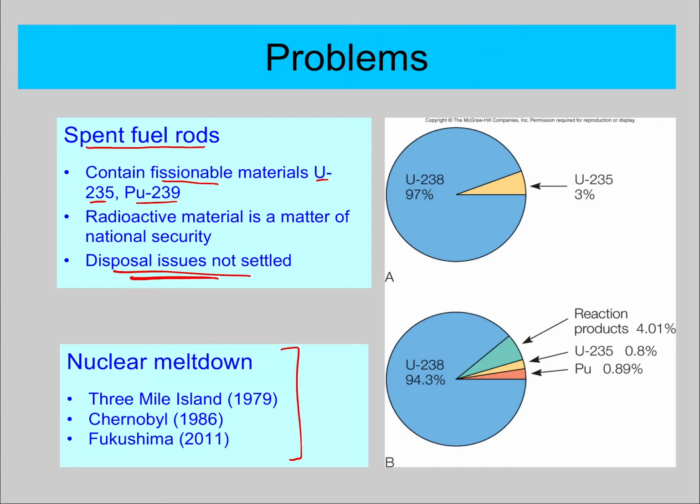Make sure you go and you read about the nuclear meltdowns, what caused them, what was learned from them. We learned a lot from 3 Mile Island, a lot from Chernobyl. Fukushima happened because of a tsunami, so it was not a man-made issue as much as 3 Mile Island and Chernobyl were. Fukushima was kind of a natural disaster that unfortunately started the chain reaction of the nuclear meltdown.